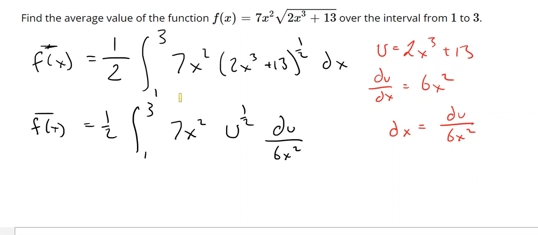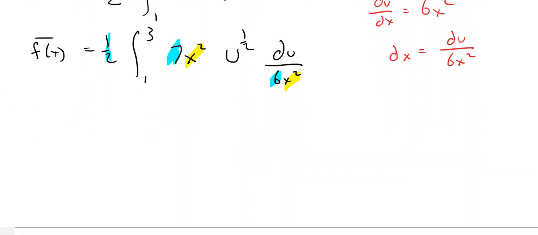Well, we can see that the x squareds cancel out, and then we have the 7 and the 6, which are constants, which can come out and multiply by the 1/2. So we'll have 7/12. So f bar of x is equal to 7/12 times the integral of u to the 1/2 du. So now we're all set up to actually do the integration.